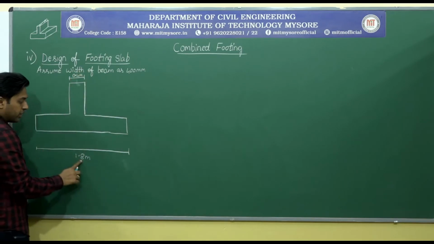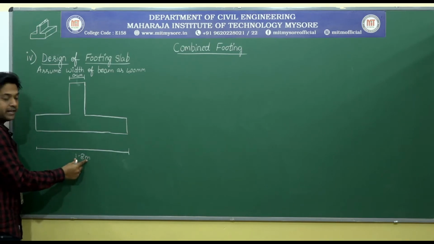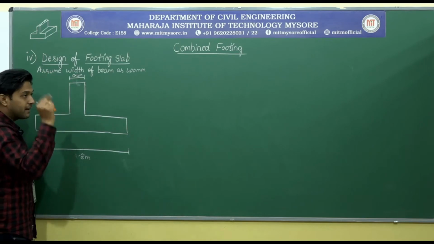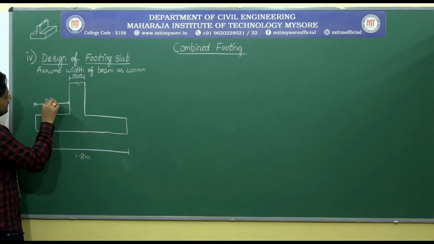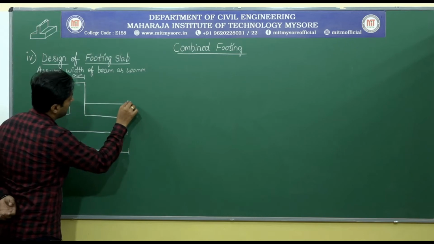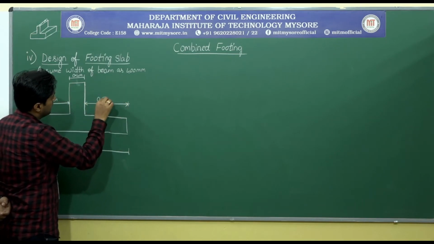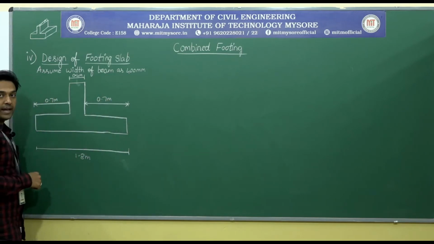The total is 1.8 meter. Out of 1.8, if I deduct 0.4, the remaining is 1.4 meter, divided by 2, so here 0.7 meter and here 0.7 meter. Any doubts in this? If I add all these, it should total 1.8 meter.